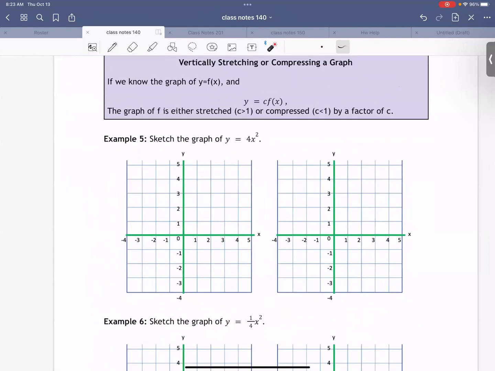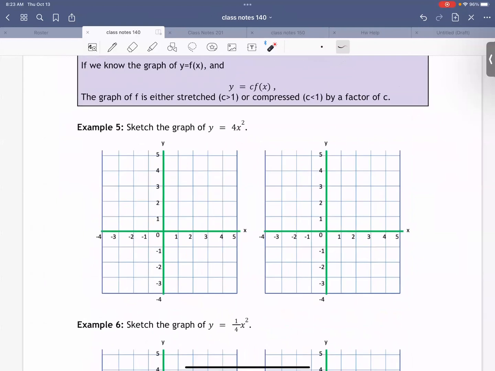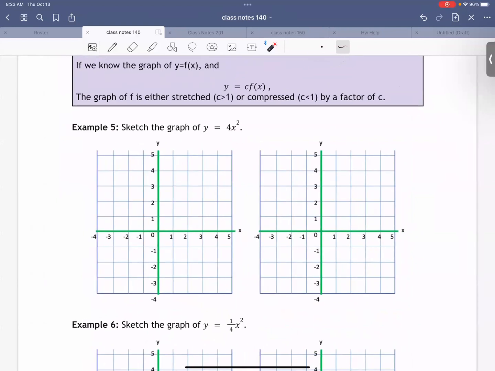Okay, so let's start with this graph here. We have the graph 4x squared. Let's just draw out what this might look like. Looking at our function on the first and second page, what function am I originally going to draw first? X squared, right?